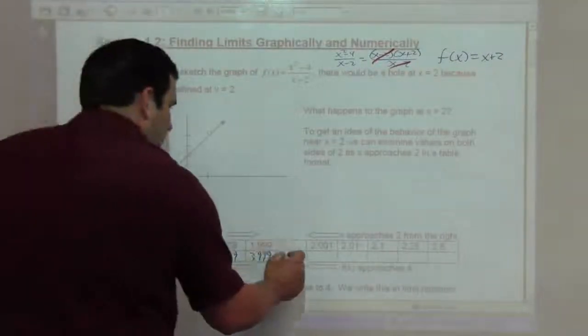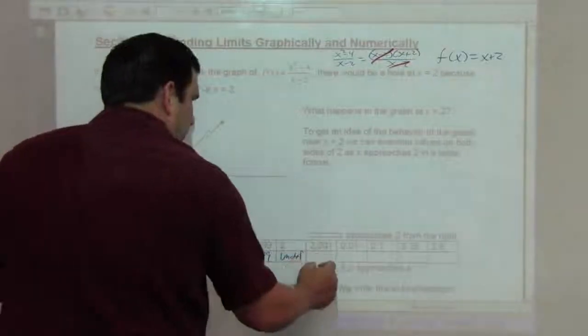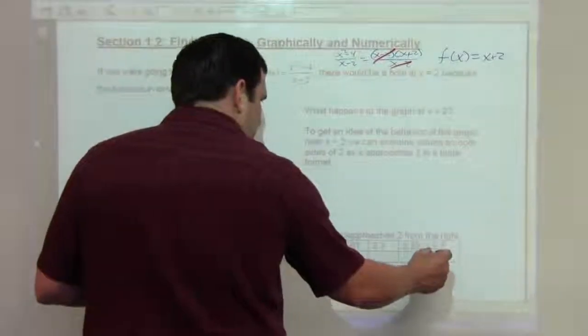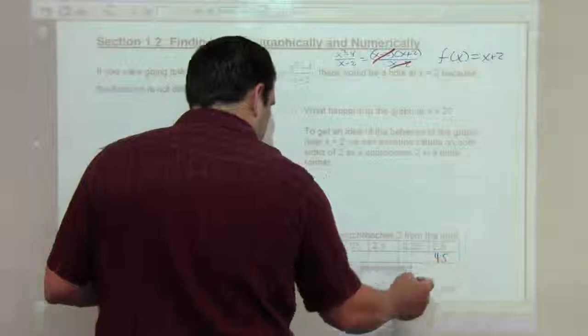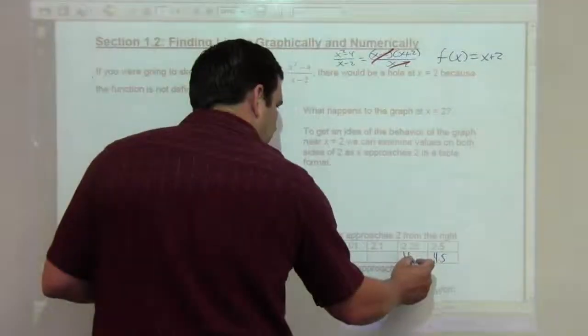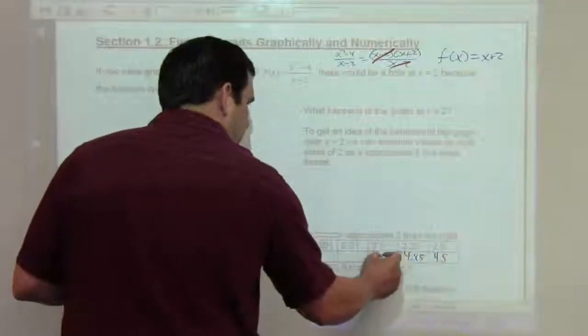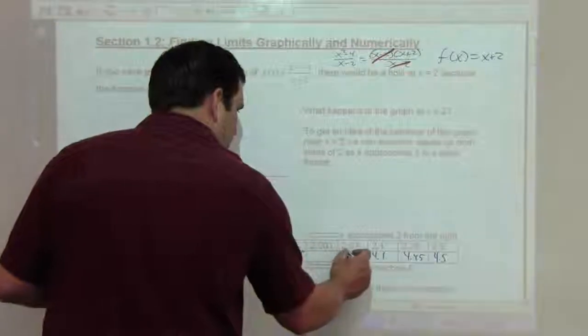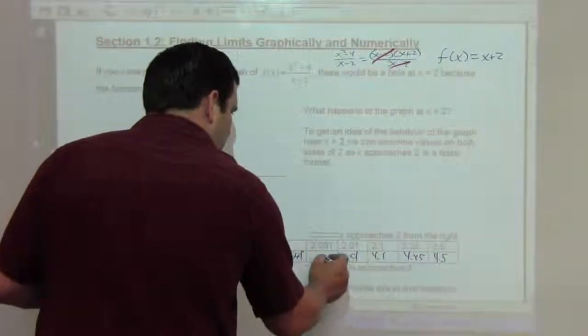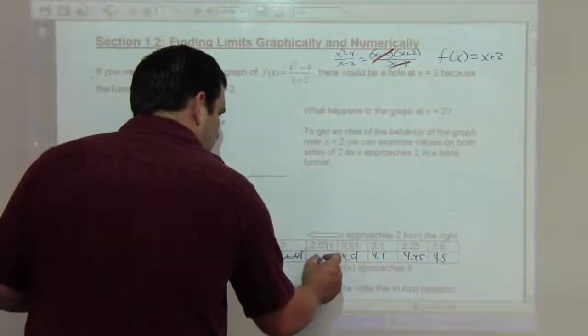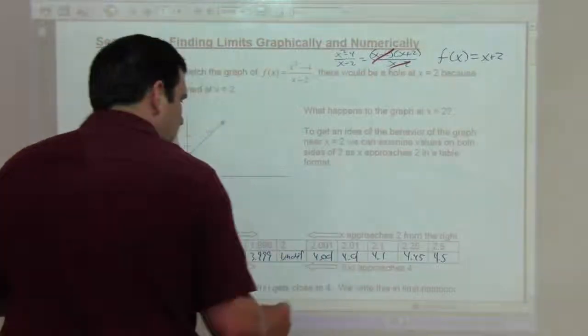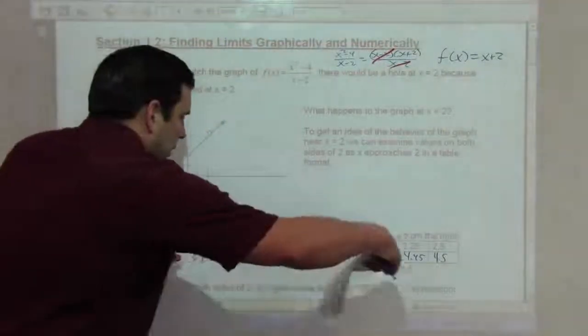But at 2, it's undefined. Come the other direction. 2.5 is 4.5. 2.25, 4.25. 2.1, 4.1. 2.01, 4.01. 2.001, 4.001.